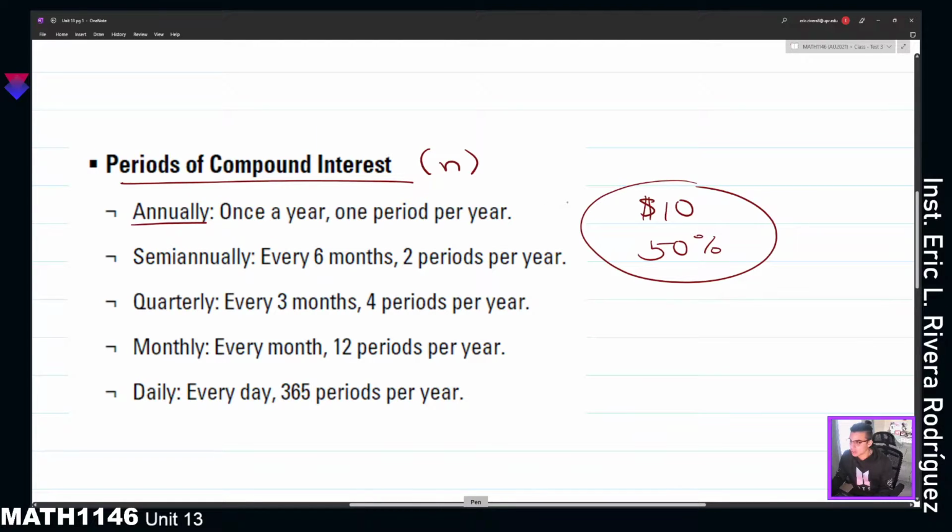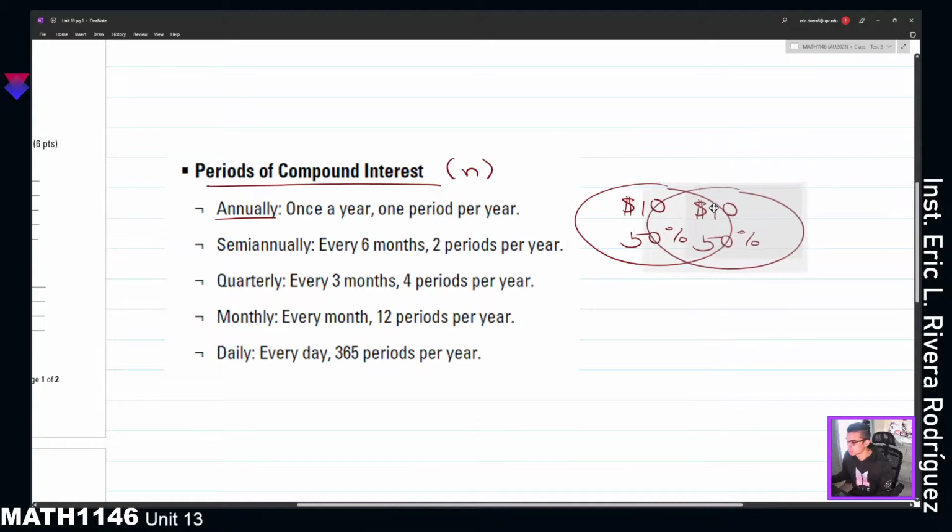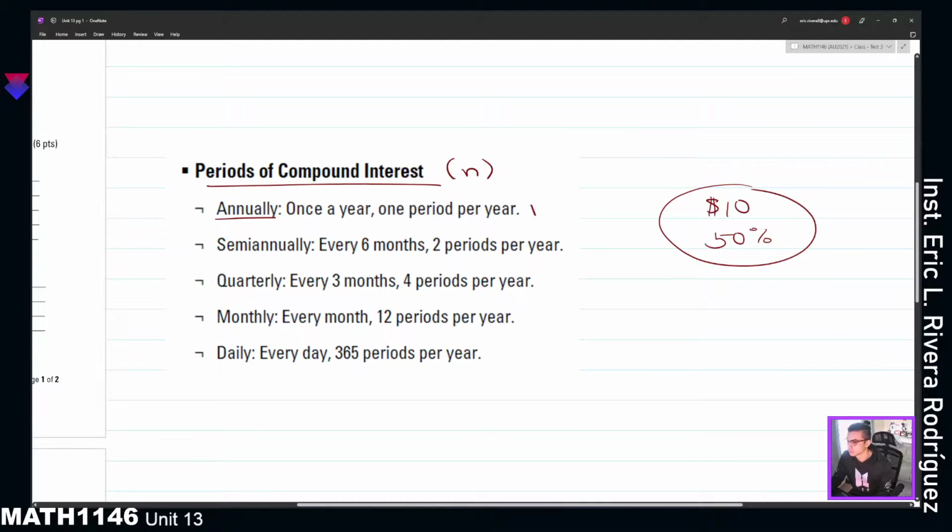So if n is equal to 1, it means that in this example, the interest will be calculated one time per year. Semi-annually means every 6 months, so 2 periods per year. So n is equal to 2, and the interest will be calculated 2 times per year.